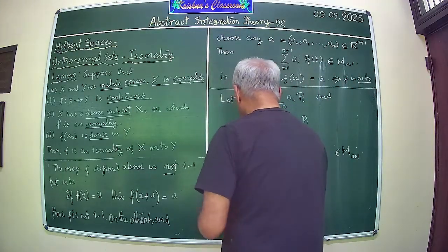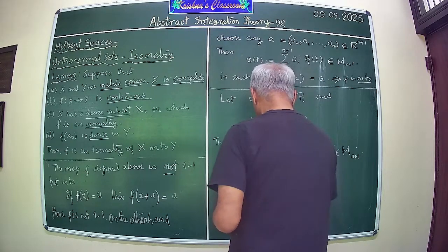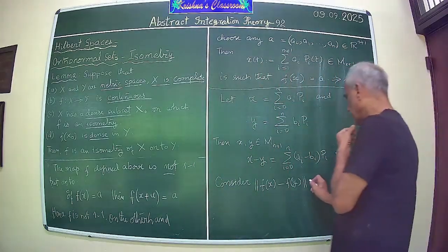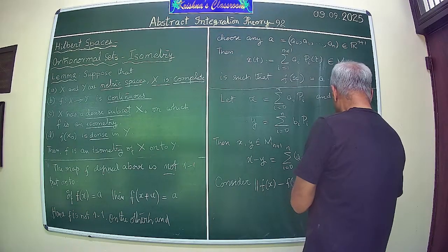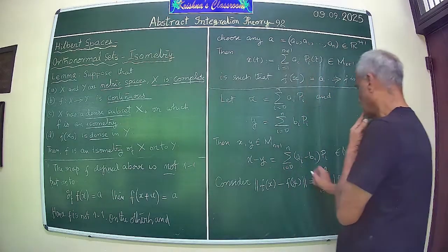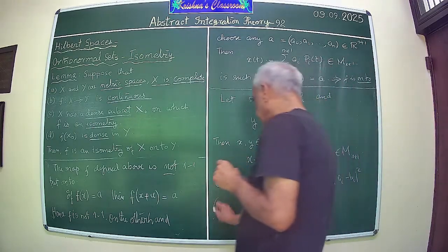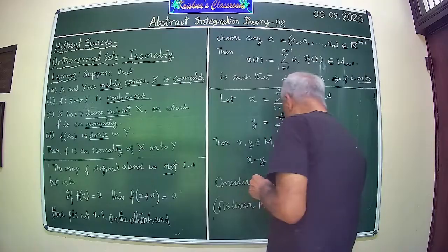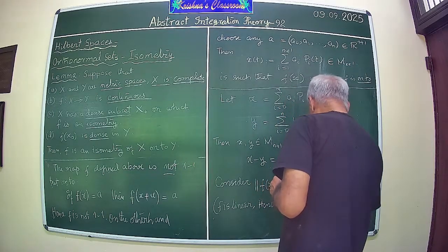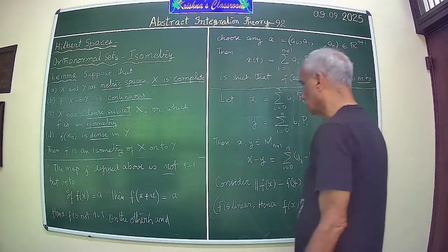Now compute this. This is equal to this, because you know that f is linear, of x minus y.